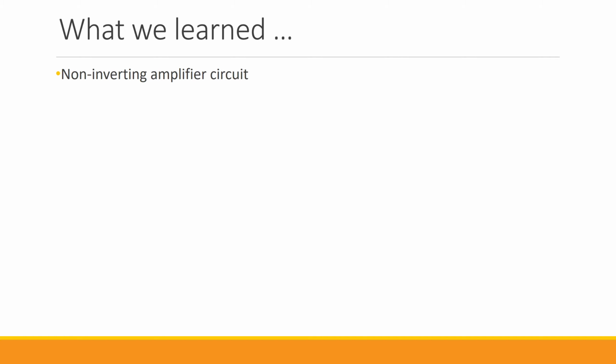So in this video we went over the non-inverting amplifier circuit, and we looked at two different techniques that help us come up with the equation that shows the relationship between the output of the non-inverting amplifier and the input signal.